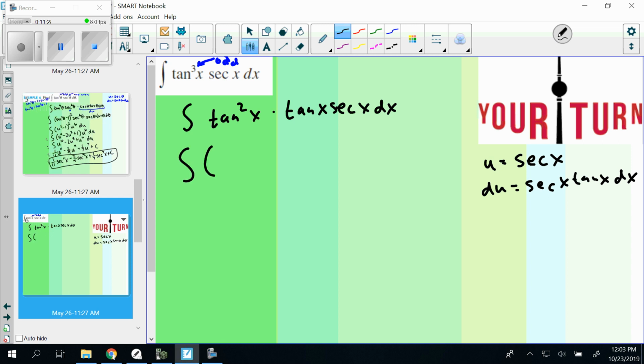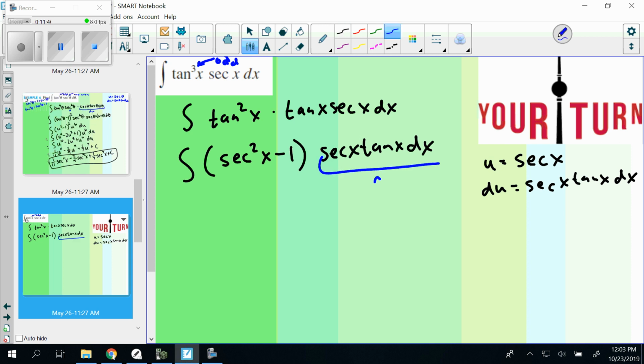So this would turn into our secant squared x minus 1 here. Okay, so when we substitute, here's our du. And this is going to turn into u squared here. And so we've got u squared minus 1 du.